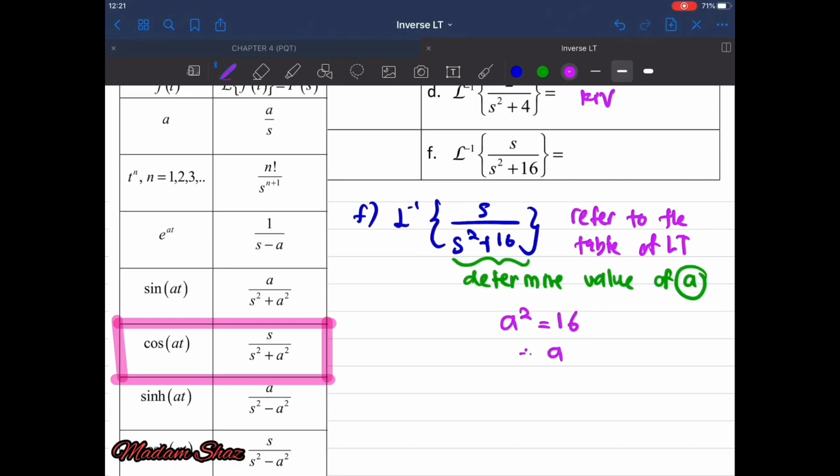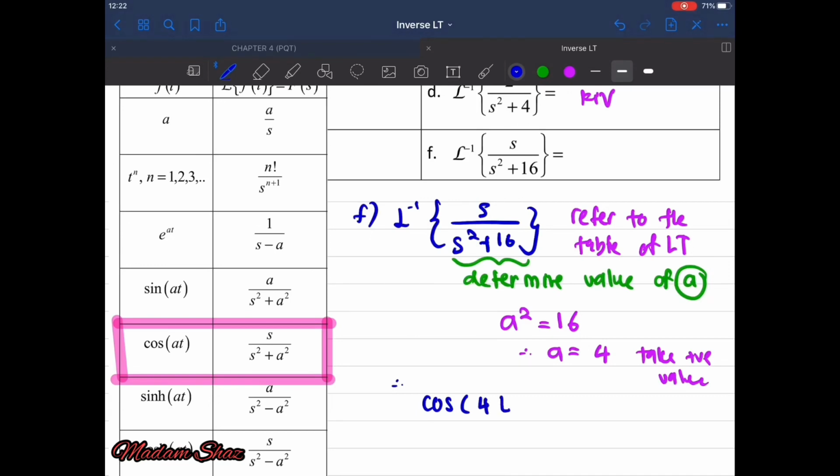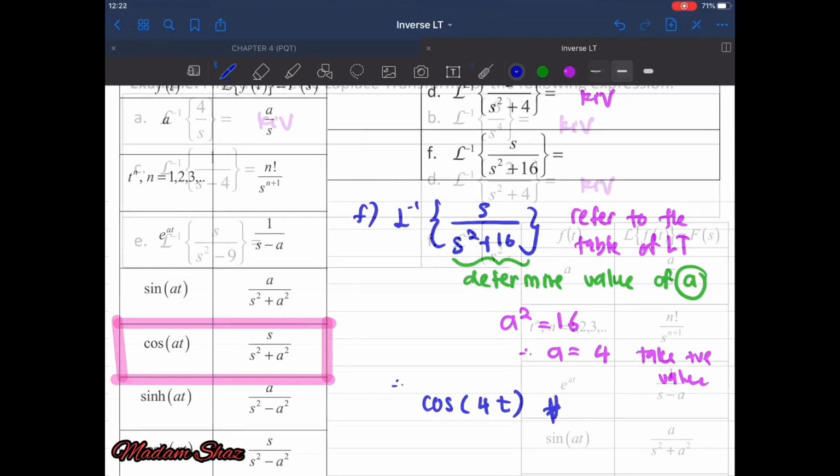So therefore a is equal to 4. The same thing, we only take positive value. So therefore, Laplace inverse of s over s square plus 16 will become cos of at. So therefore, the answer will become cos of 4t.